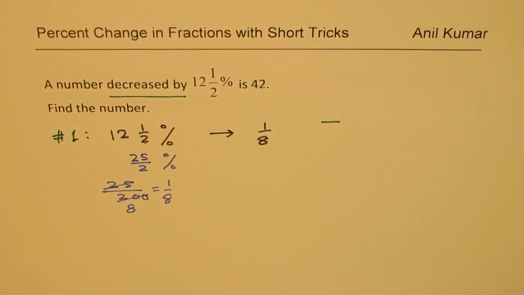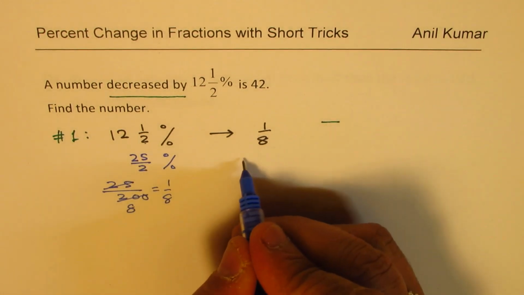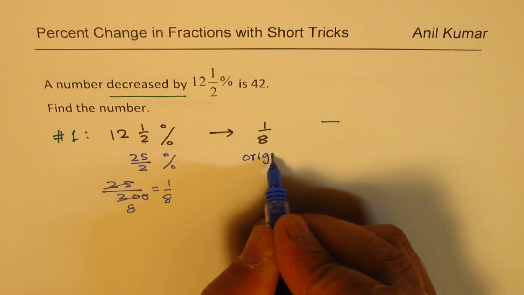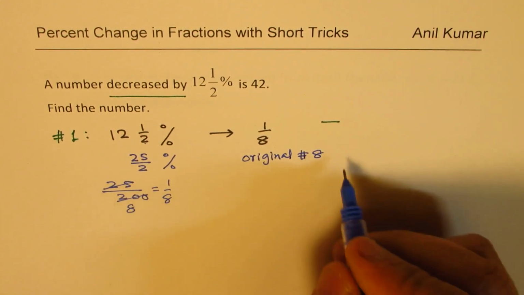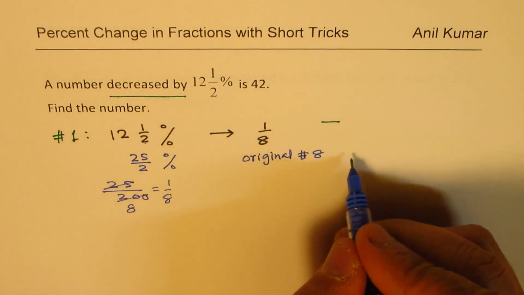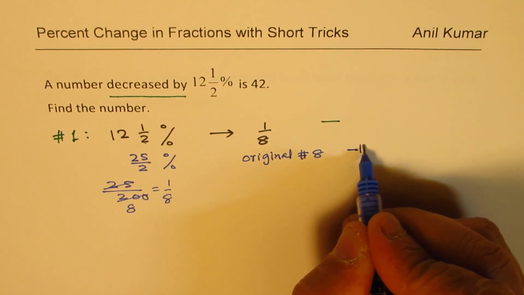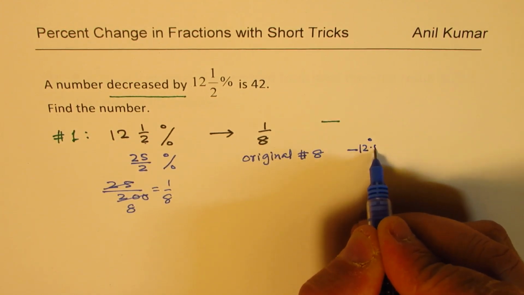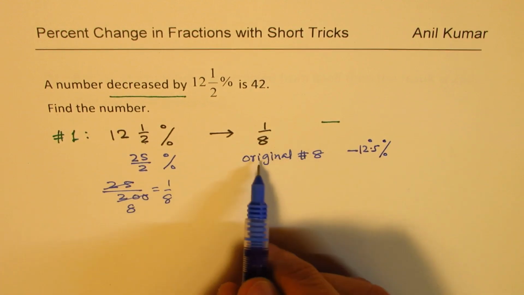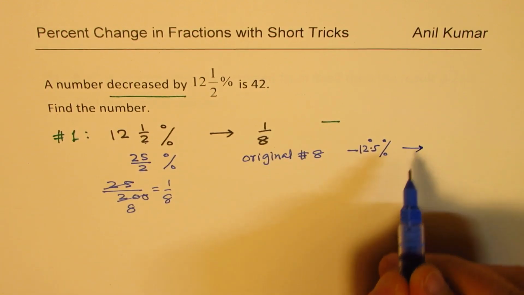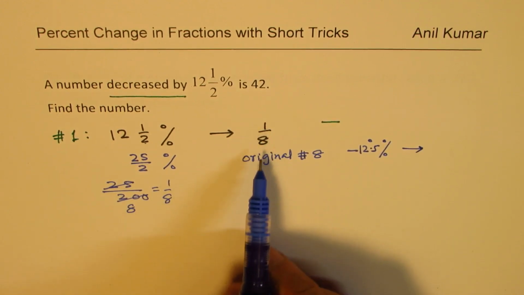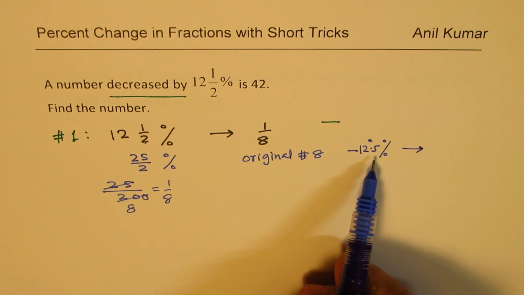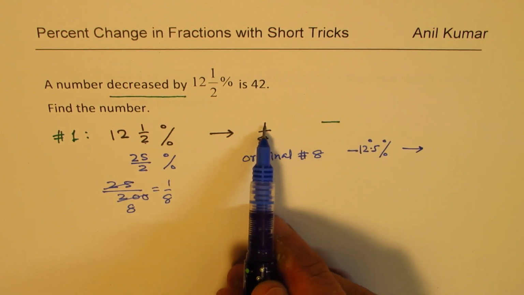Now it says that if the original number is 8, then after a decrease of 12.5%, let me write 12.5% now, the number becomes what? It becomes 42, right? But here we know on 8, after a decrease by 12.5%, the number changes by 1.